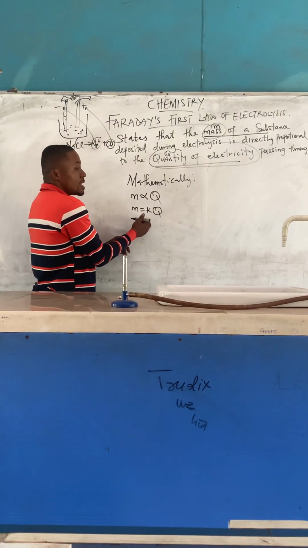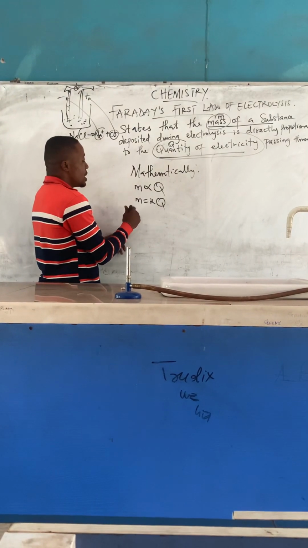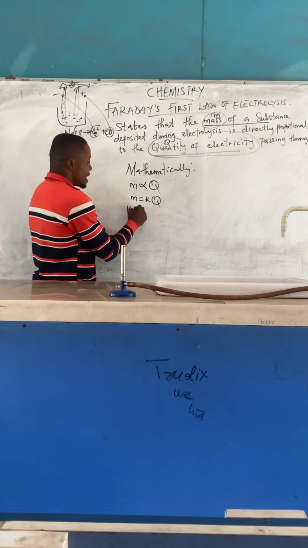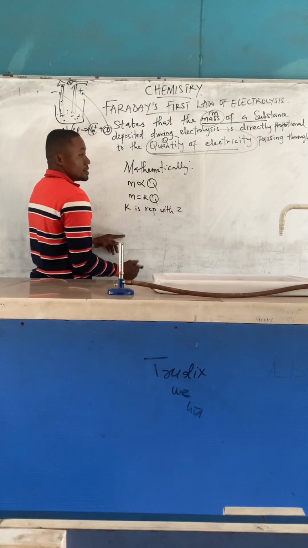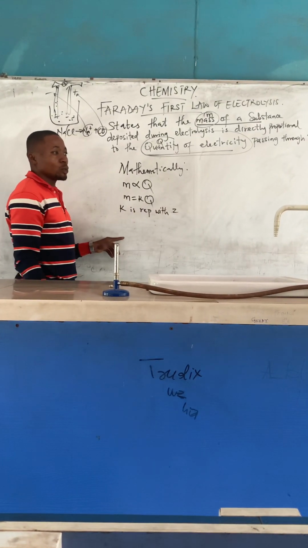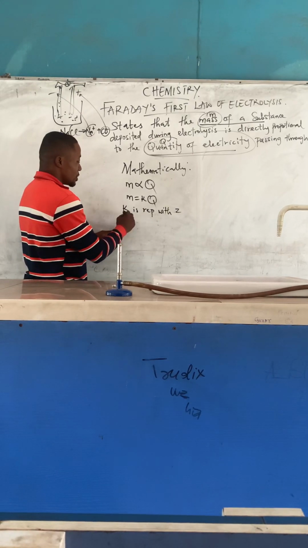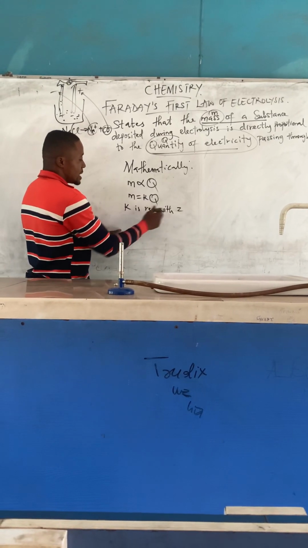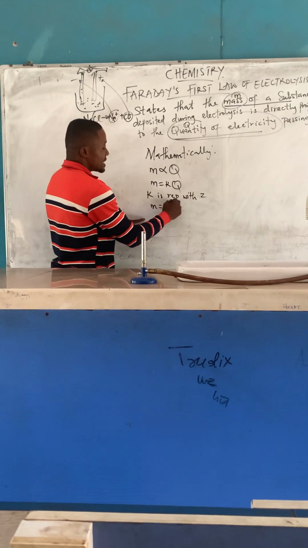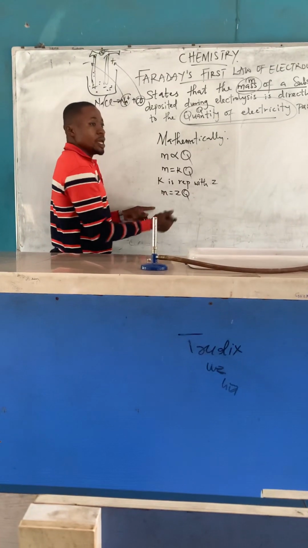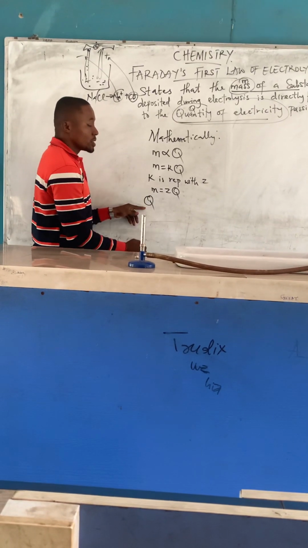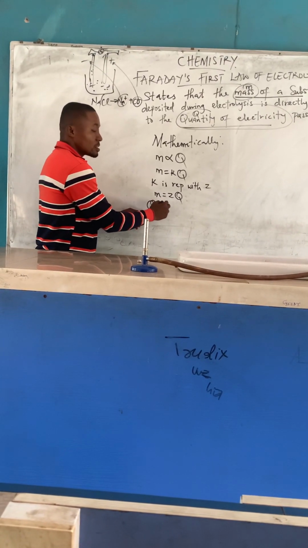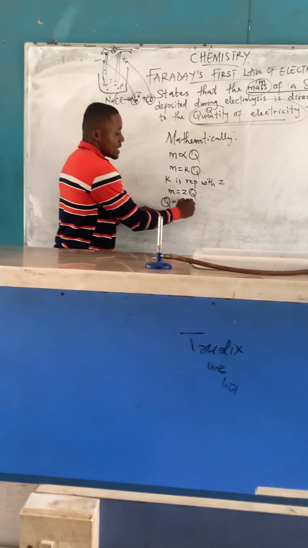But in electrolysis, our K has a value, and we say K is represented with Z. This Z means electrochemical equivalent. We will talk about it more as time goes on. So we'll replace K with Z. So we say M is equal to ZQ. And in basic physics, for you to get the quantity of electricity passing, you must be able to note the current and the time.